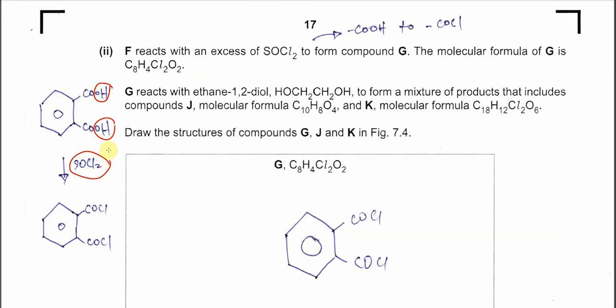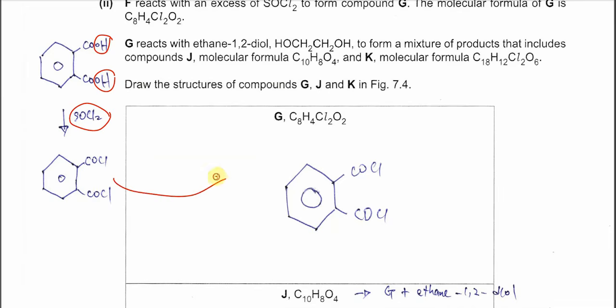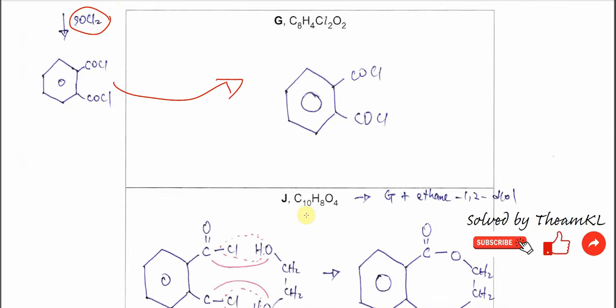This is what you learned in organic chem. So we can form the acyl chloride using the SOCl2, or we can use the PCl5. But in this question, I already said SOCl2, so we just follow. It means the dicarboxylic acid now will form this diacyl chloride. So you just draw these structures in this box to show this is G.